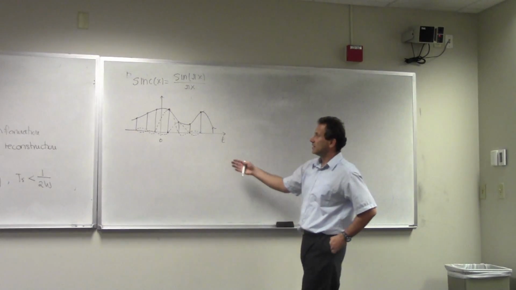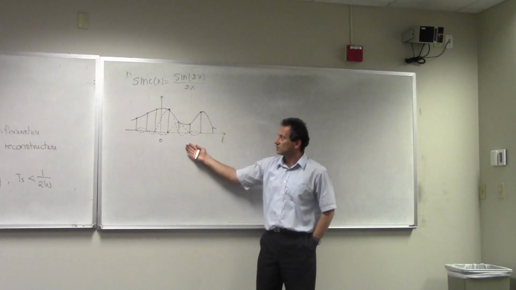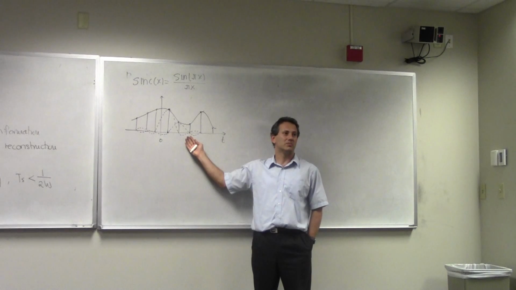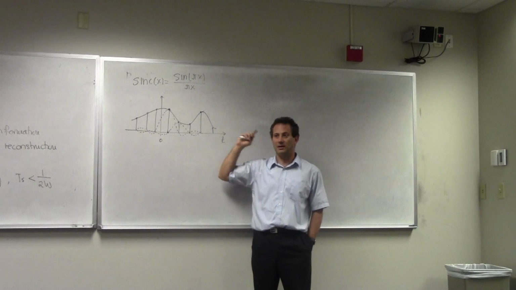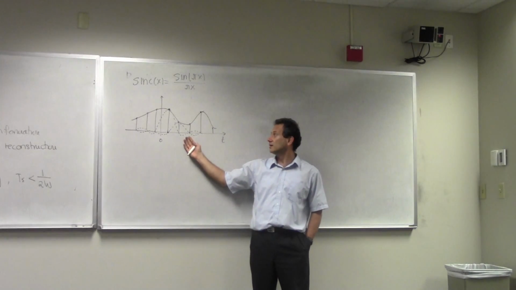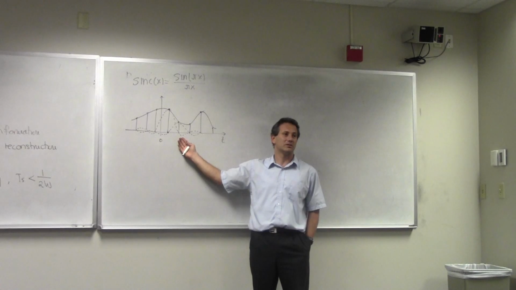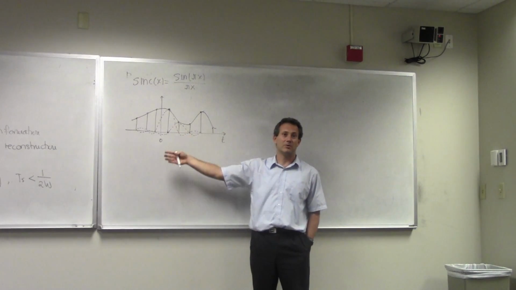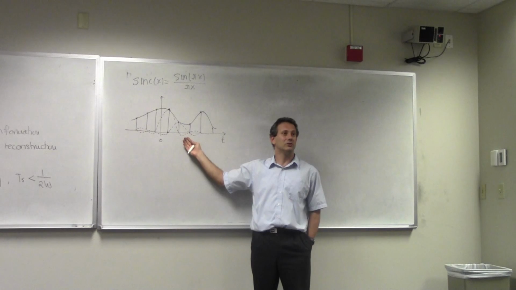Now, the second question I have for you guys is, what is bad about this particular reconstruction method? We are reconstructing with a sinc. What's the thing that we don't like about sinc? Need the future. Infinite length. Yeah, it is infinite length in both directions, so you cannot really do it.